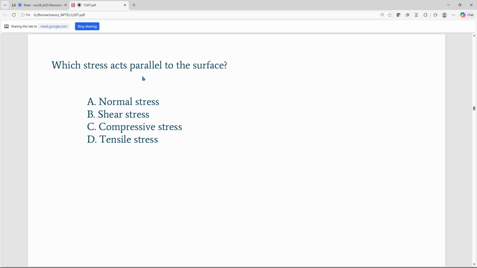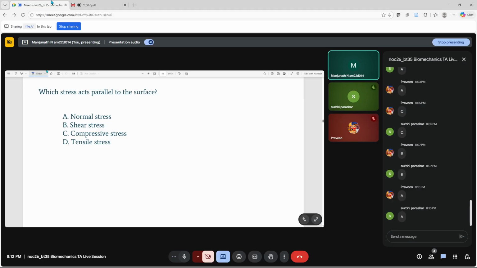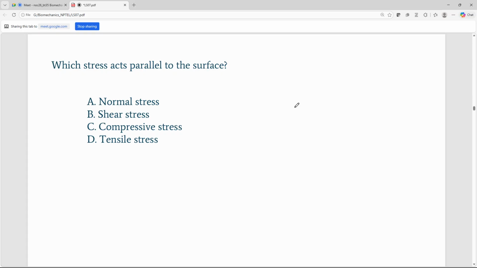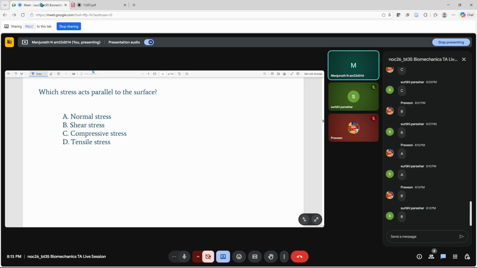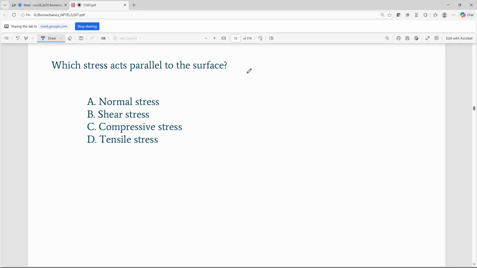Which stress acts parallel to the surface? The answer is option B, shear stress.